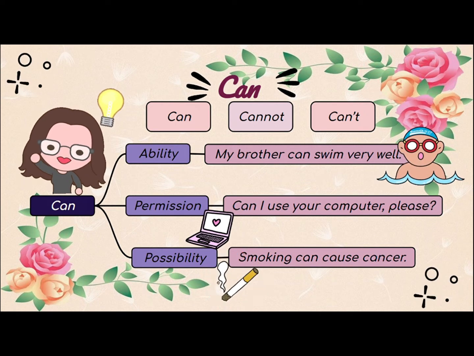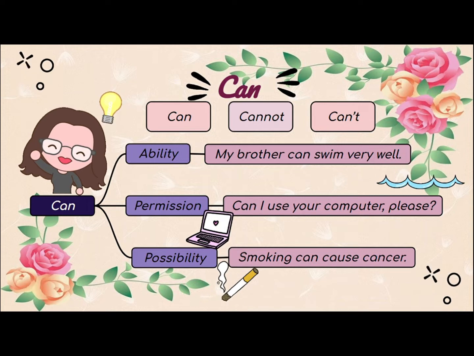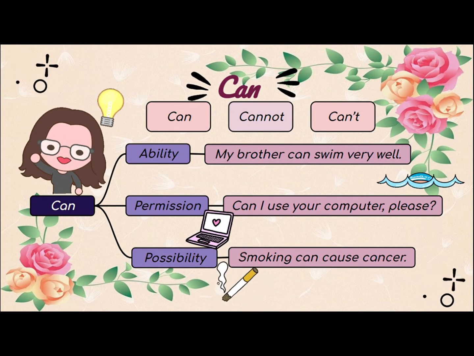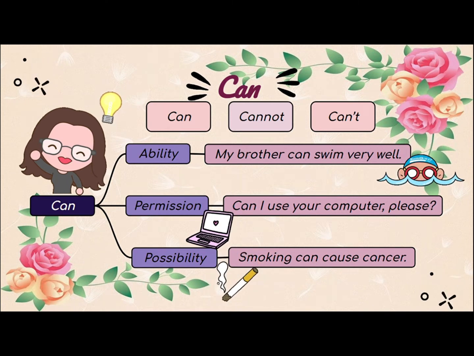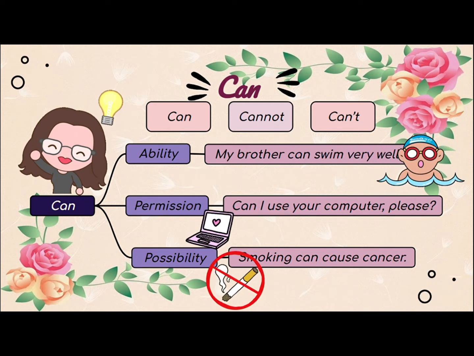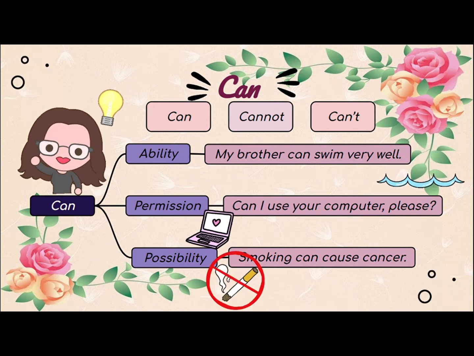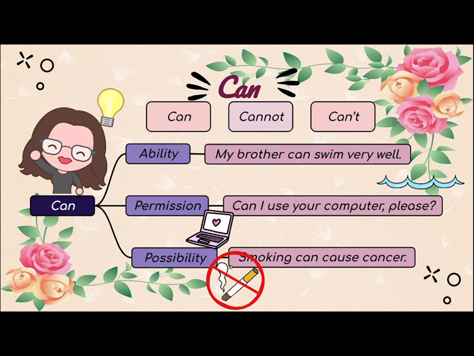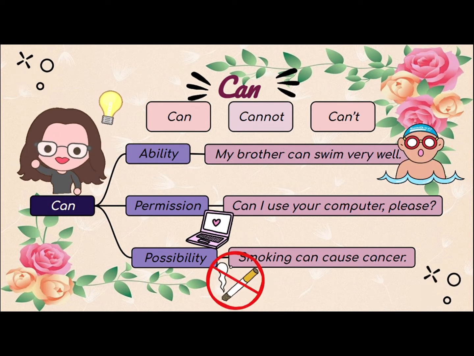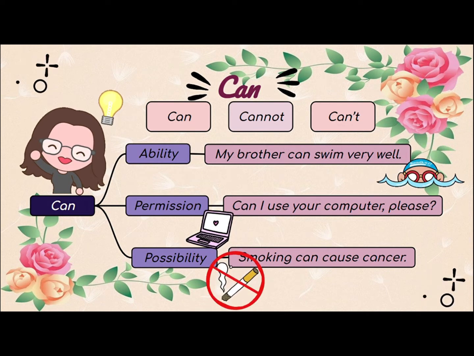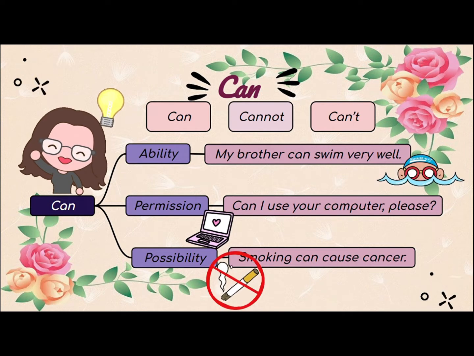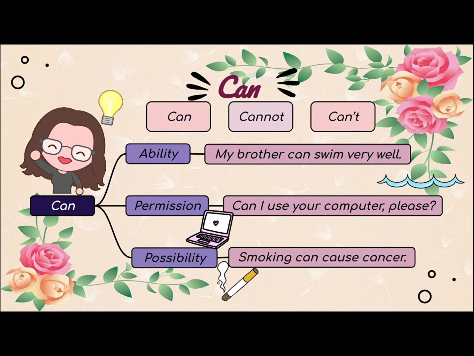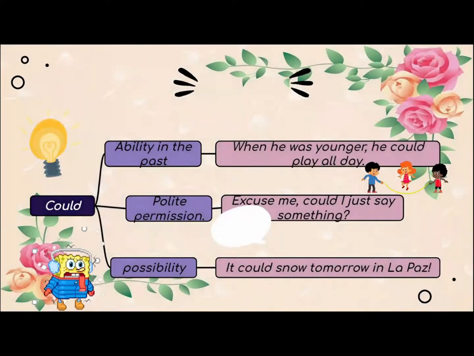We can also use this to express a permission. Can I use your computer, please? We use this to express a possibility as well. For example, smoking can cause cancer. That is true, so don't smoke, please. It's bad.